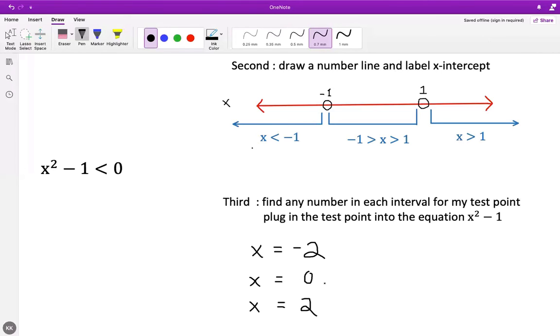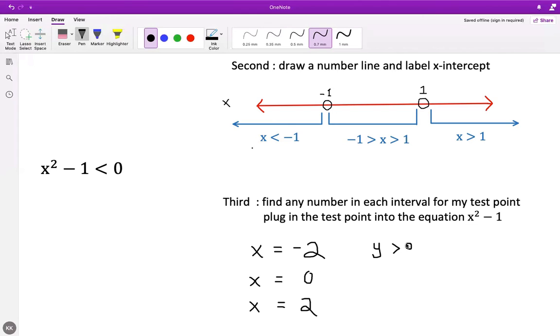I'm going to plug these numbers into the equation to see if the expression gives me positive or negative values. When I plug in x equals -2, I get -2 squared minus 1, which is 4 minus 1, giving me 3. So when x equals -2, y is greater than 0.